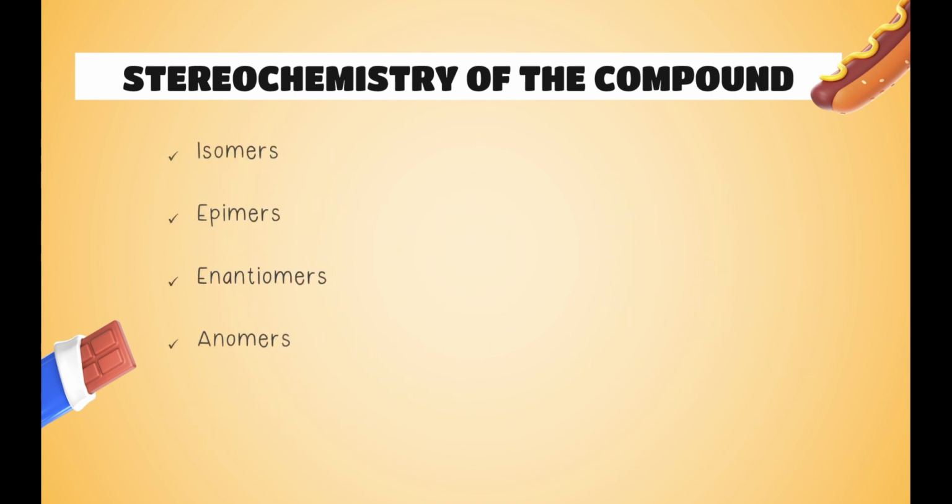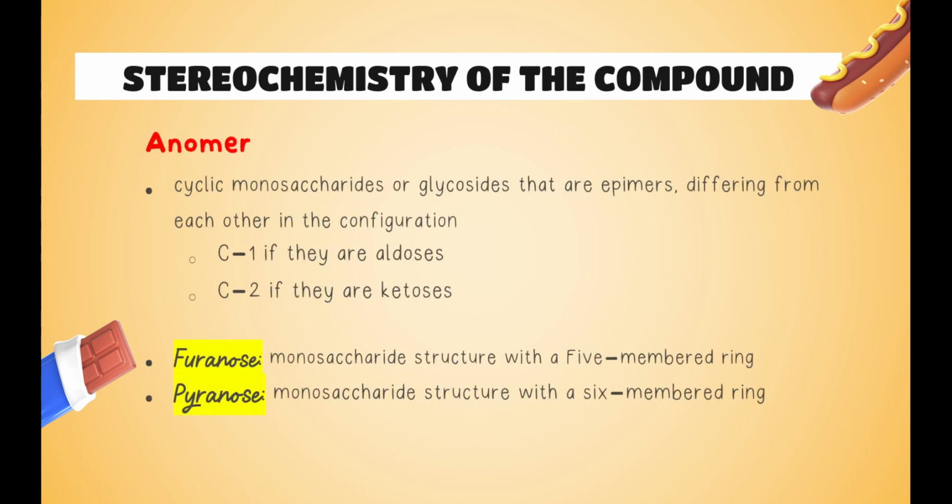So now we proceed with the last part of our stereochemistry, which is anomer. When we look at anomers, kids, the structures we need to look at are your cyclic structure or Haworth projection.